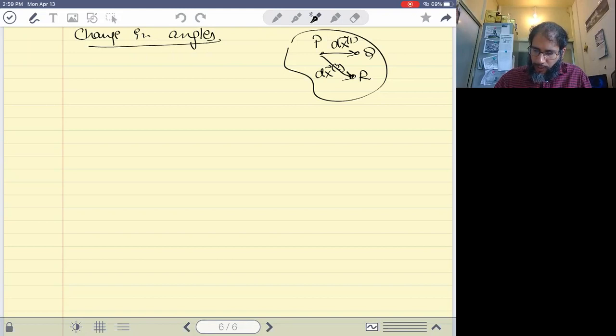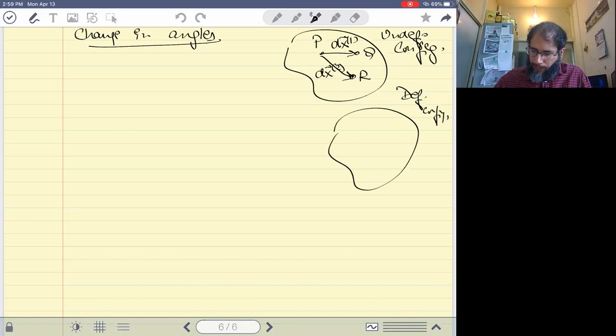So this is our undeformed configuration. Now we have the deformed configuration. The vector small p to small q is called dx superscript 1, and small p to small r is called dx superscript 2.